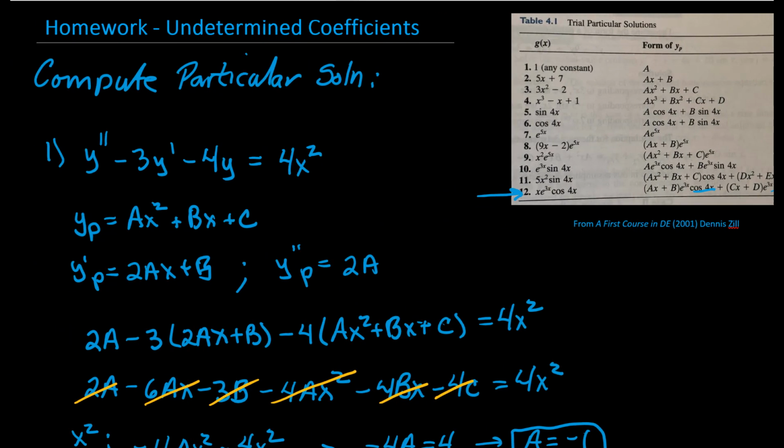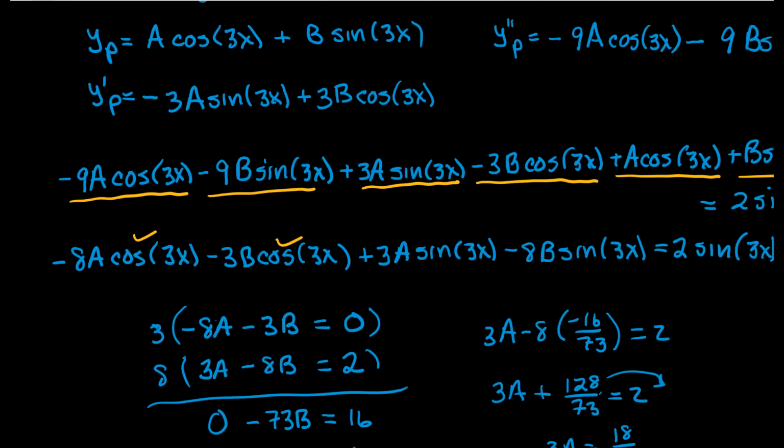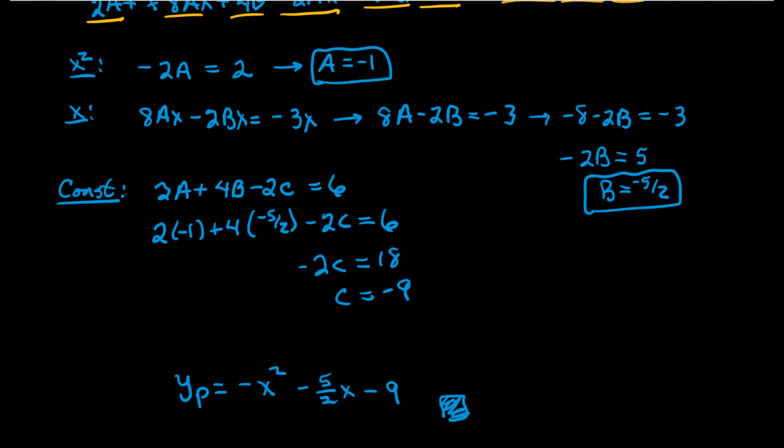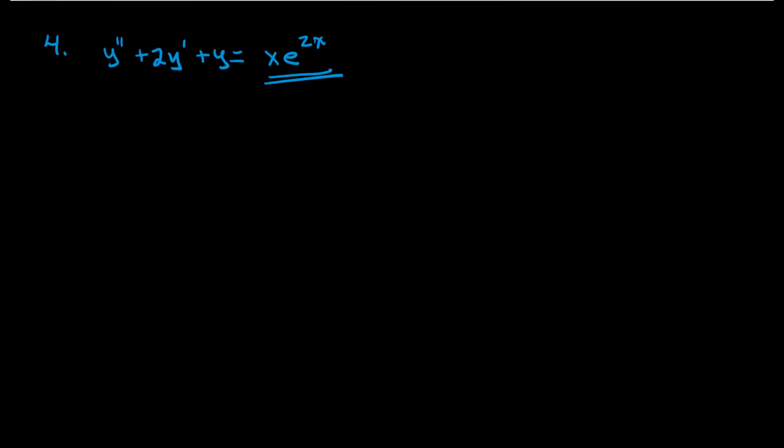And the way we can actually look at this, okay, is the following. We don't have one that exactly matches this. This is really a form where we have a polynomial times an exponent. Now, what we can do is rewrite our particular solution as the polynomial.